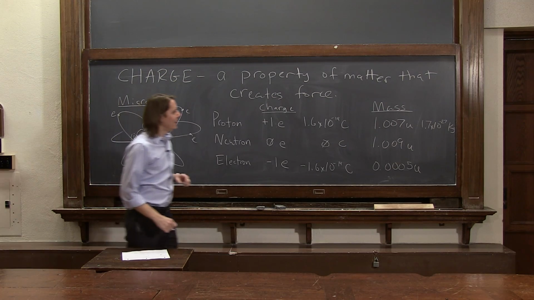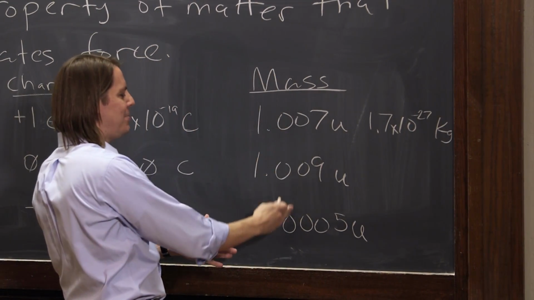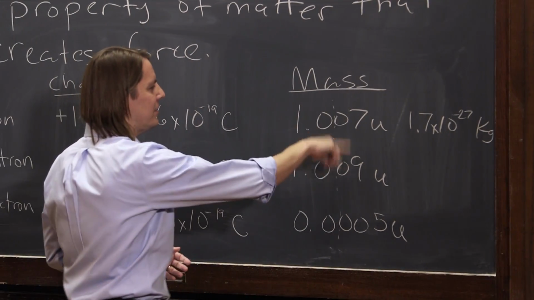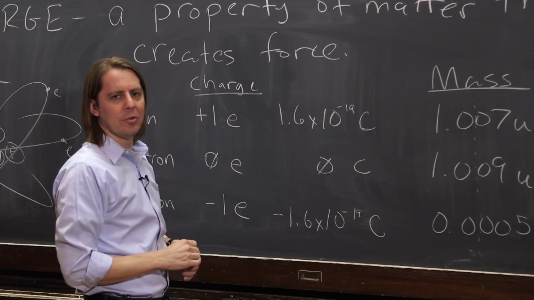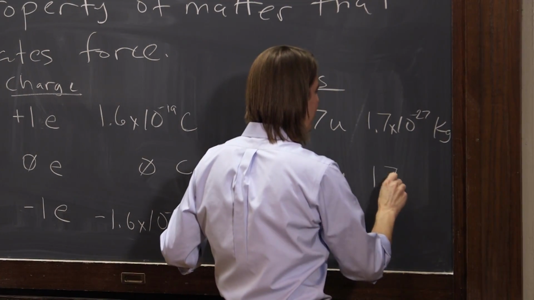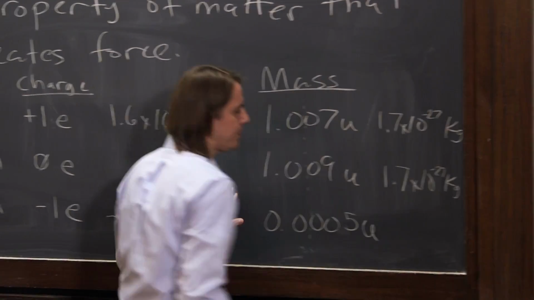Atoms don't weigh much. Another thing you'll notice is when we're just being approximate, keeping things to about 1%, you can see that the proton and the neutron are very close. So if we're just keeping two figures, then this would also be 1.7 times 10 to the minus 27 kilograms.